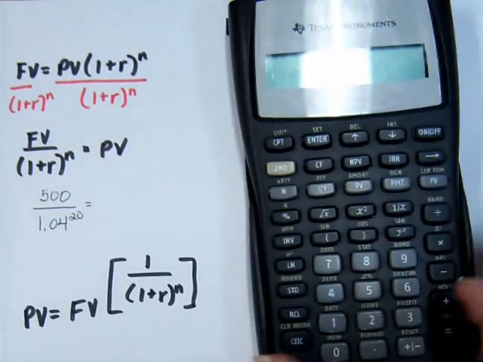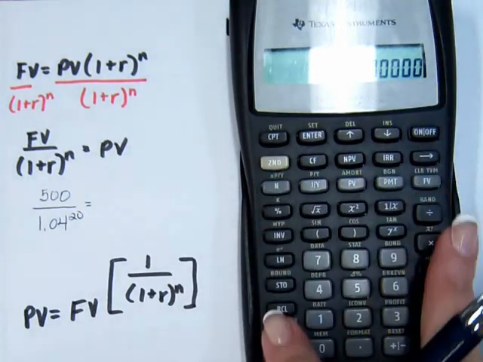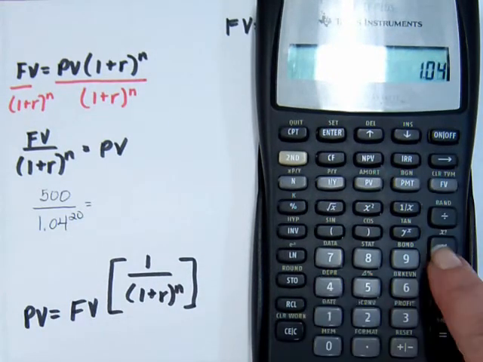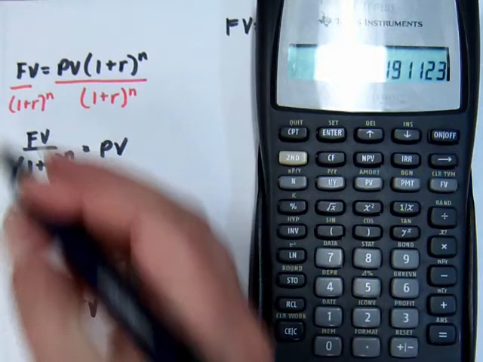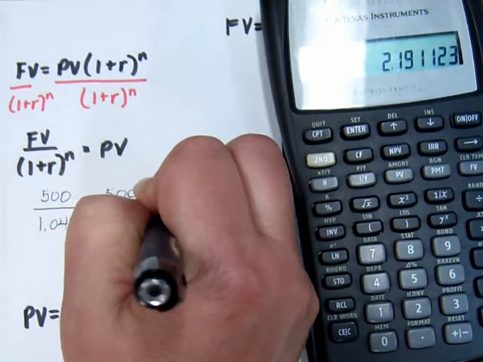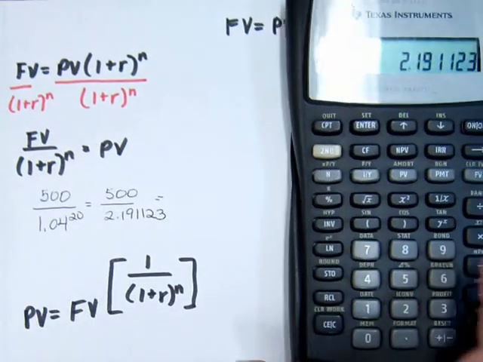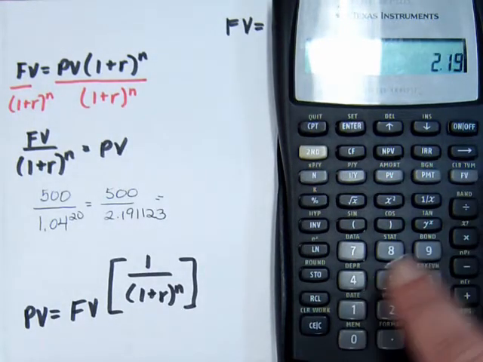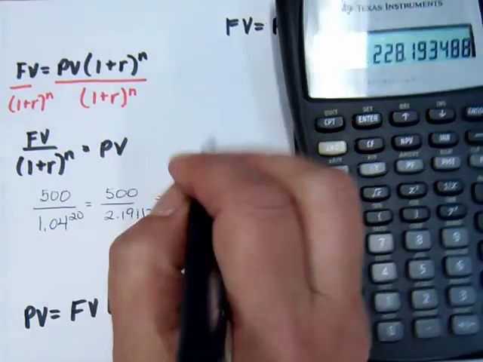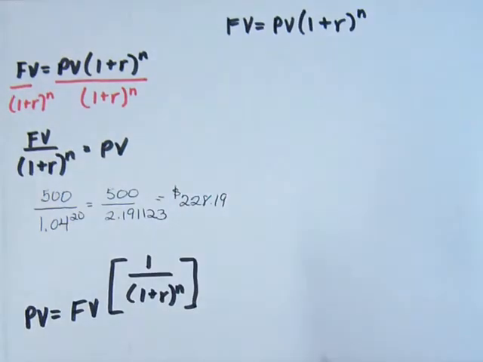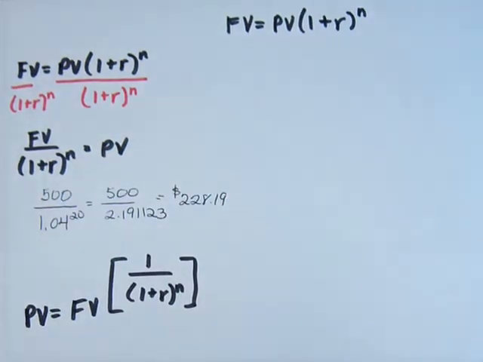And if we do that with our calculator, we end up with $228.19. And if you'll recall, that was the exact answer from example 3.2.